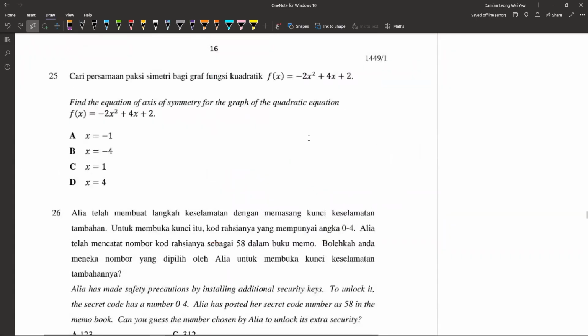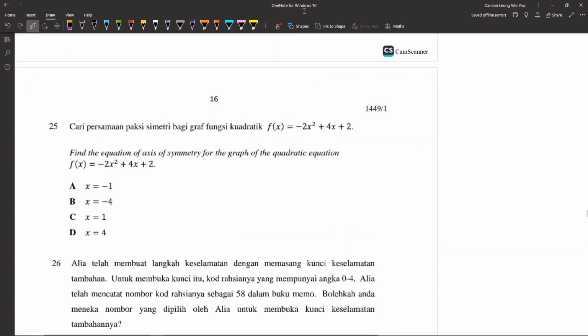Then, question 25. Find the equation of the axis of symmetry for the graph of the quadratic equation here.